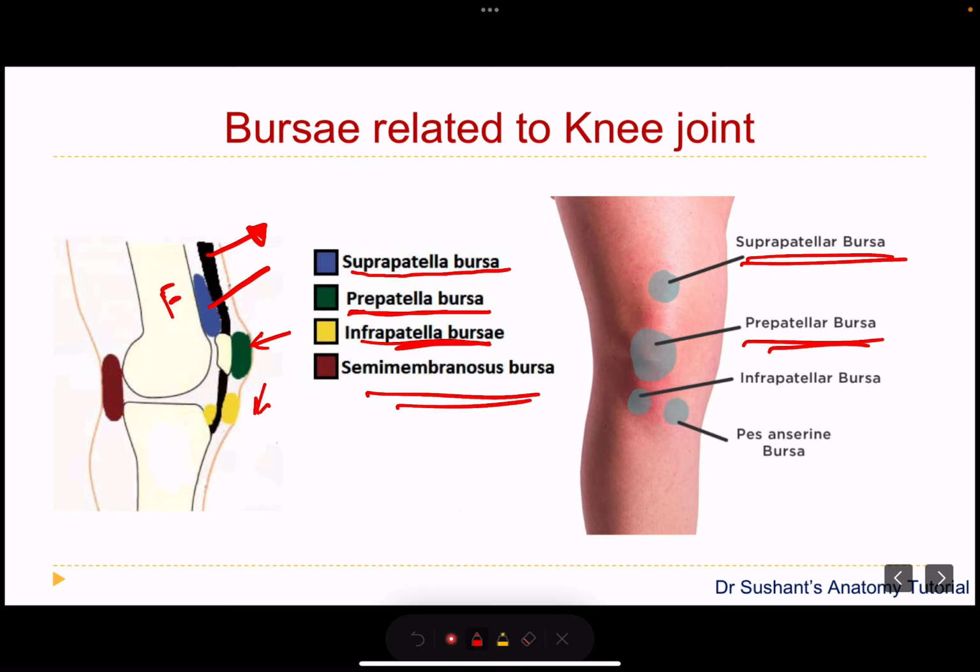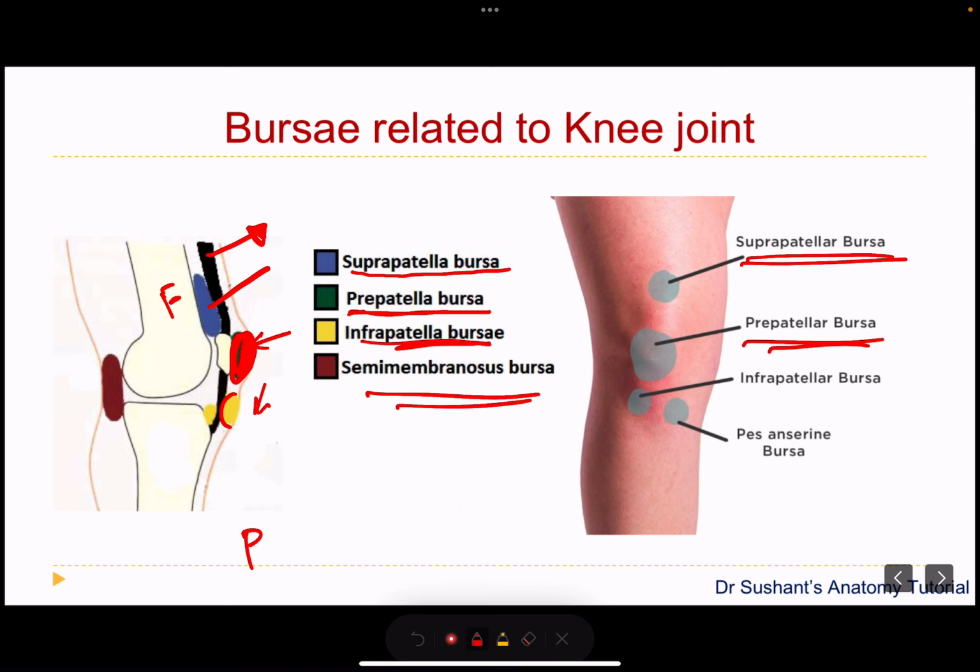We also have the subcutaneous prepatellar bursa. Sorry, not this one. This is the prepatellar bursa, which lies in front of the patella and beneath the skin. So the subcutaneous prepatellar bursa is between the skin and the anterior surface of the patella. When this is swollen, it gives rise to prepatellar bursitis, as in housemaids who often kneel down to wash or mop the floor, right?